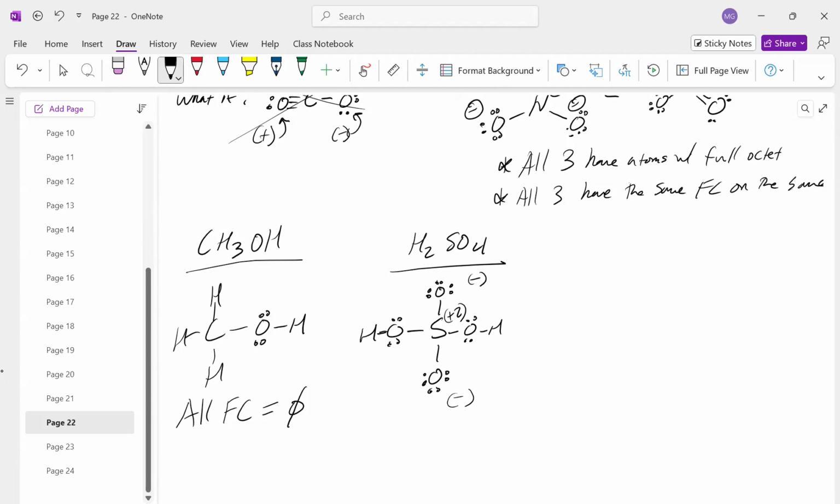So let's take a look at sulfur. Is sulfur a second period element? Sulfur's in the third period. And so those elements can exceed the octet if it helps get rid of formal charges. So notice what happens here. If I share a lone pair from this oxygen with sulfur, and I share one from this oxygen with sulfur, it now becomes this.